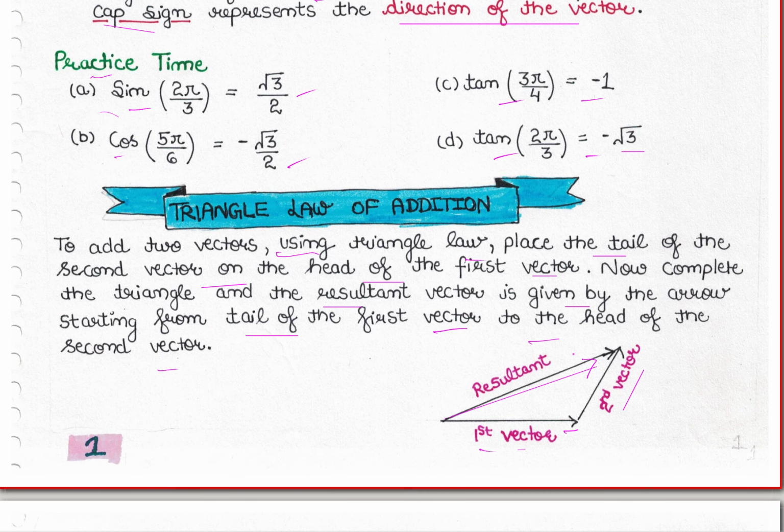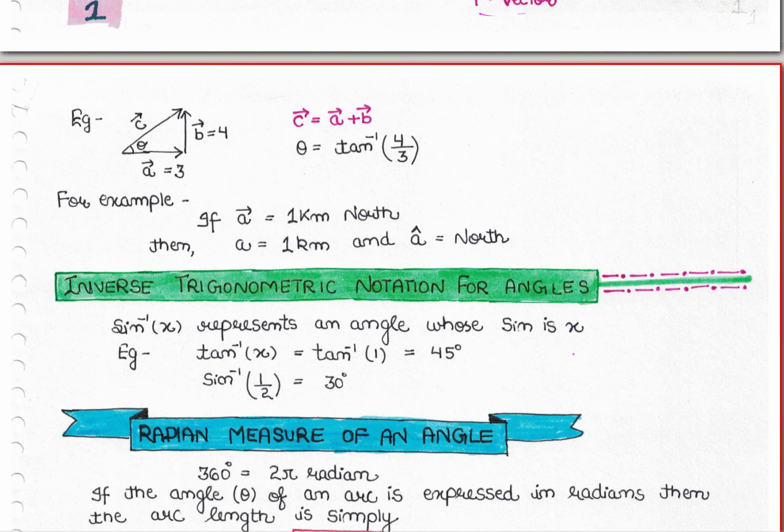Okay, we take some example. A vector is equal to 3, B vector is equal to 4, and C vector is this, which is a resultant vector, and it makes an angle theta with A vector.